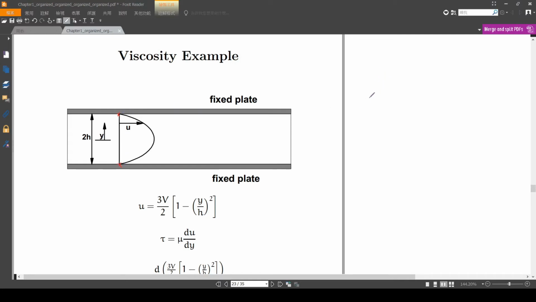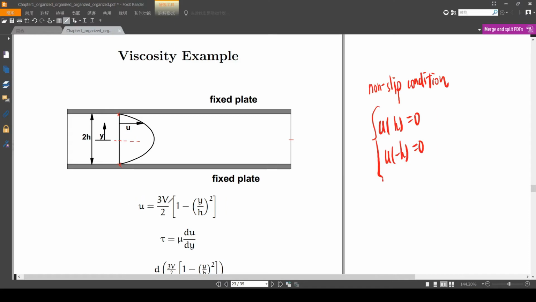So in this situation you should put your origin at the center, so y equal to 0 starts from the center. Therefore your non-slip condition becomes u(h) equal to 0, u(-h) equal to 0. It's very simple.